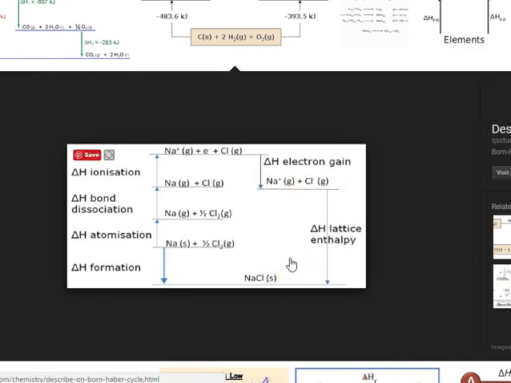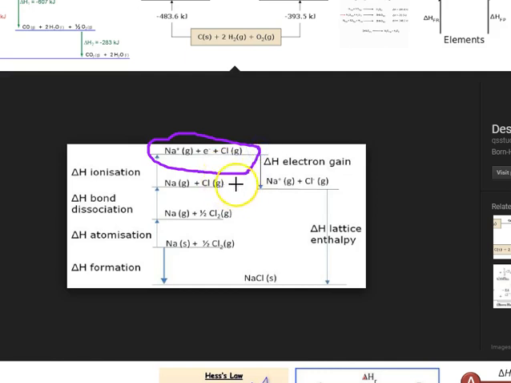In this one you have at the top a sodium ion and just a chlorine atom, and then you're trying to get down to sodium chloride, and again it has some different pathways that you can take, but it's showing that the overall enthalpy change will be the same regardless of whether you go on the path on the left or on the path on the right.